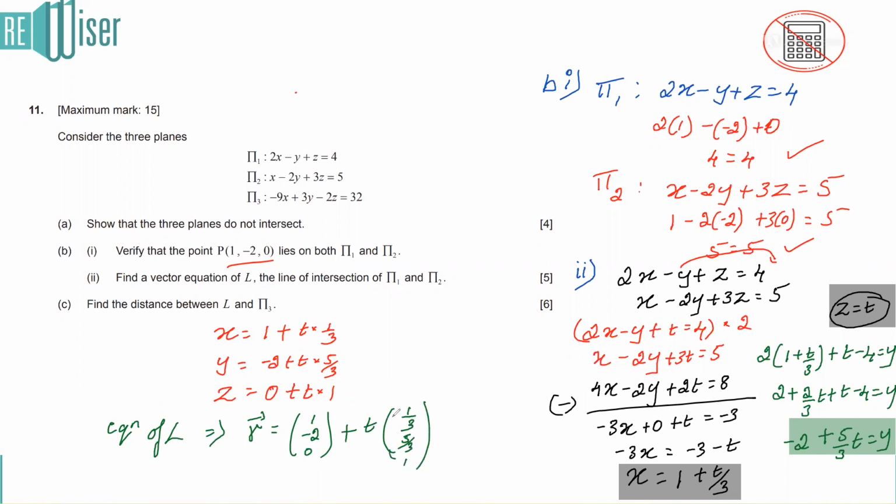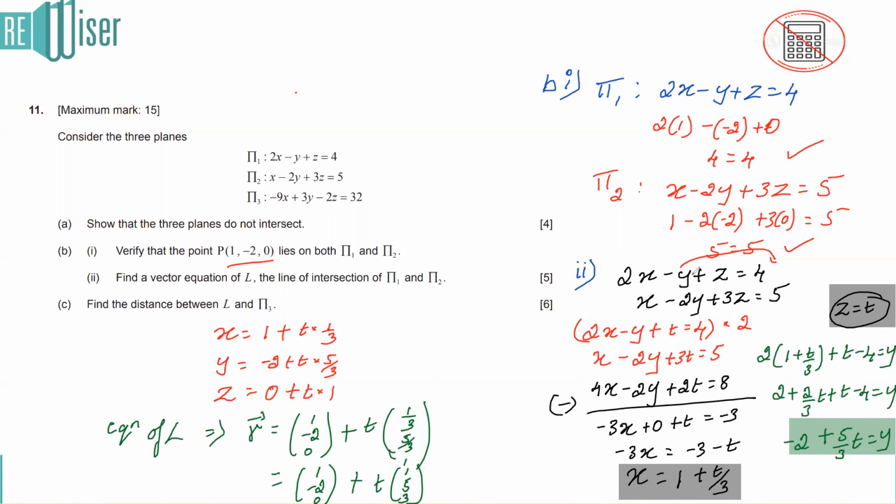Whenever you have a fraction, you can take it out common. So it's (1, -2, 0) plus t, which is anyhow a constant, even if you take 1 by 3 common out, times (1, 5, 3). And this is the right answer for this sum.